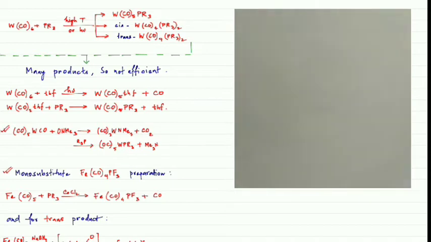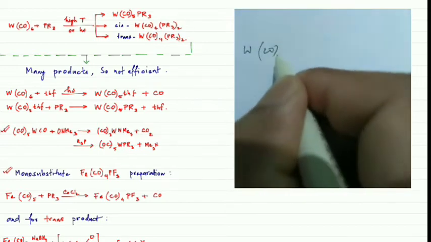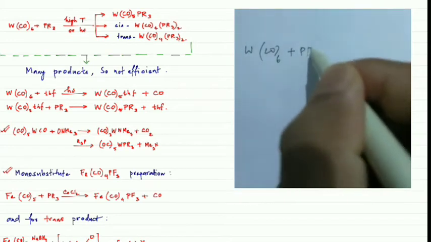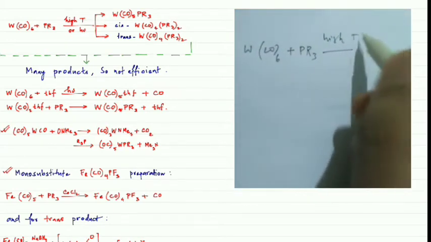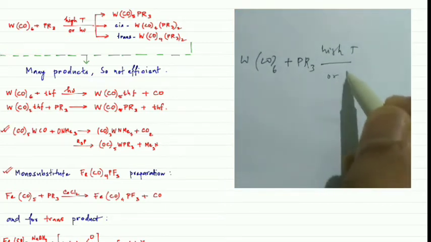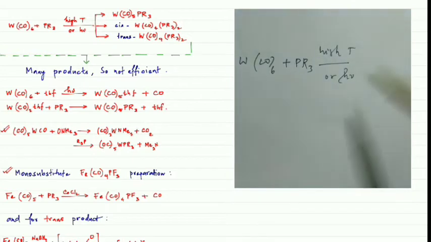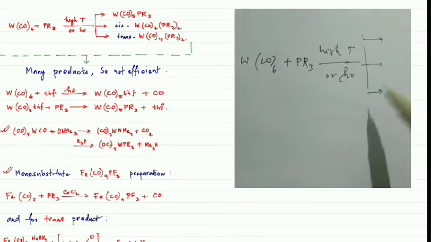The first example is this one, where they apply high temperature, or HNO, and then they give many products.